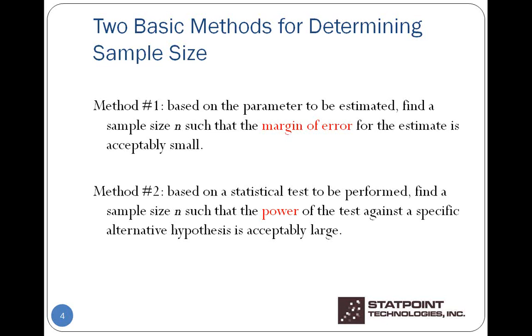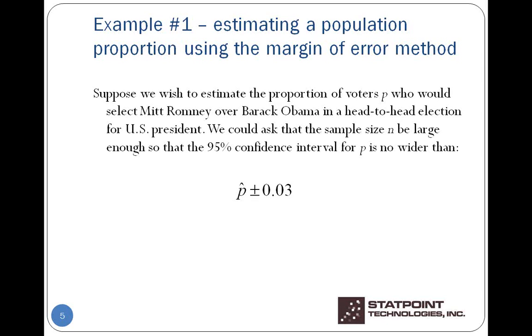Okay, now let's start with my first example, which will have to do with estimating the parameter of a single population. And the example here is going to involve the margin of error method. And I decided, since we're in the midst of a presidential election here in the United States, to talk about the following problem.